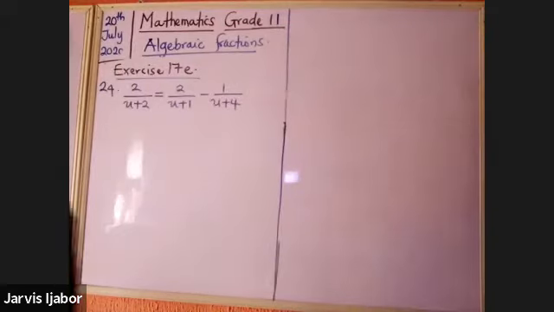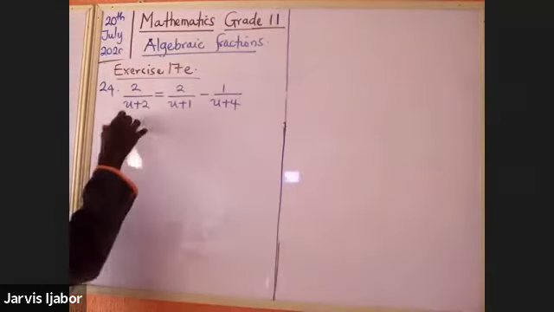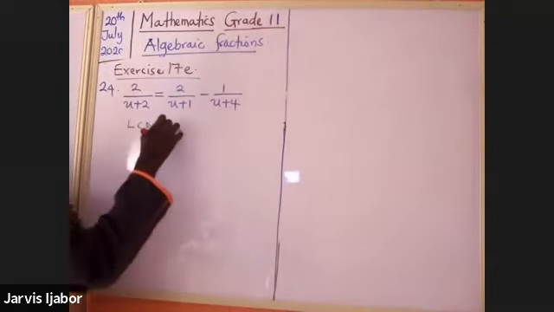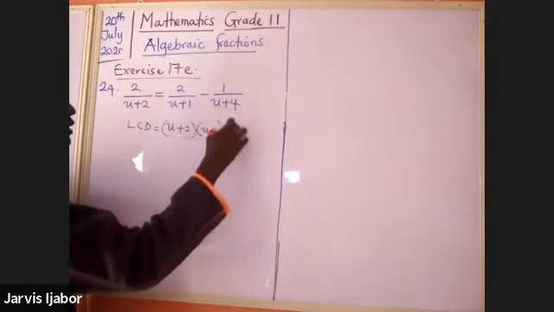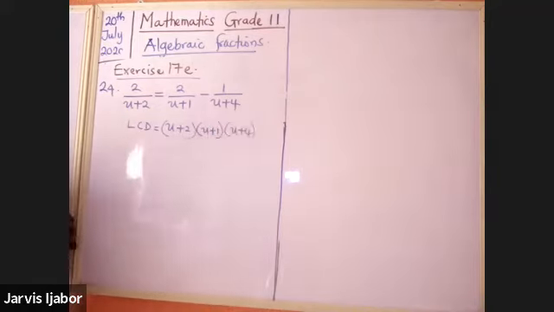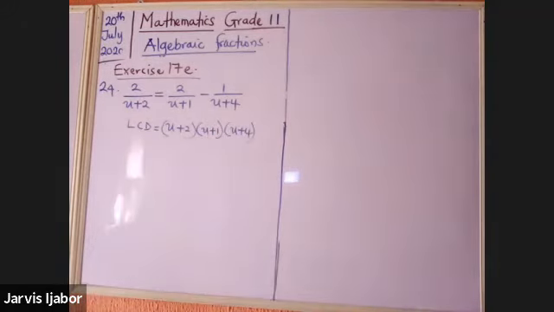So this is for question 24. The first thing again is to try to identify the LCD, and that will be u plus 2 into u plus 1 into u plus 4. That's what the LCD will be.